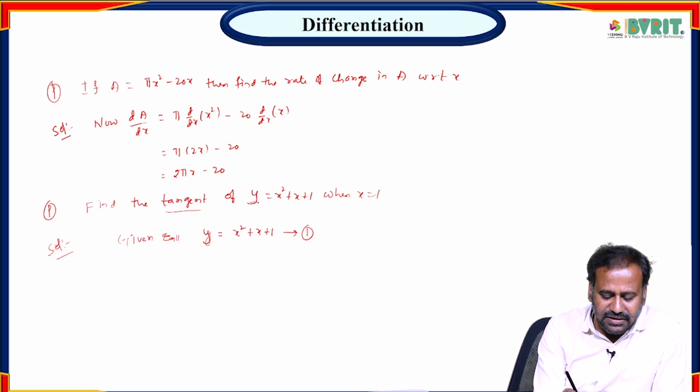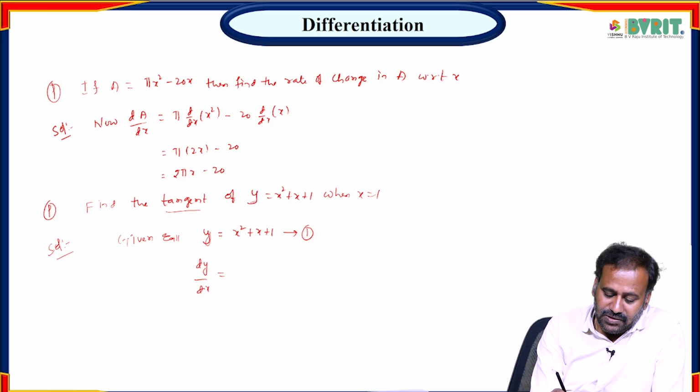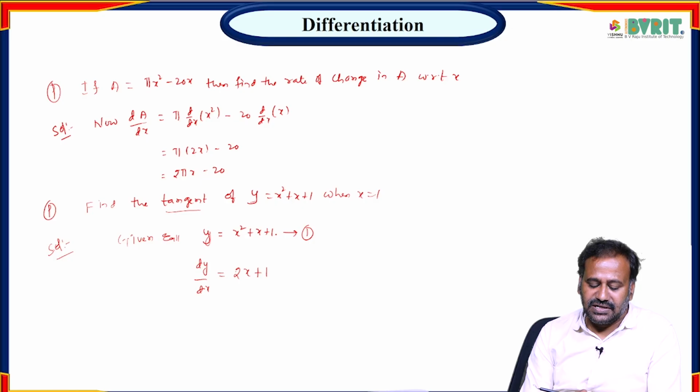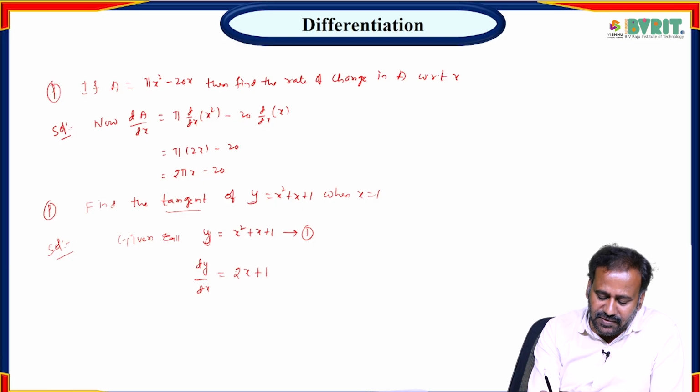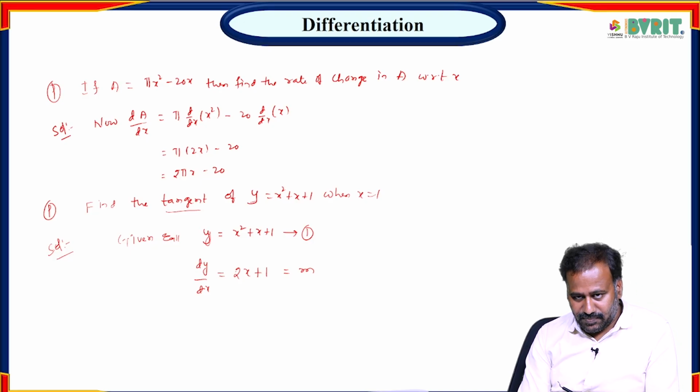So tangent is nothing but I need to go for the derivative of this y with respect to x. That means I need to calculate dy by dx. So differentiation of x square is 2x plus differentiation of x is 1, next plus differentiation of constant is 0. So finally I will be having the dy by dx value. Now I can take it as m, which is nothing but slope.